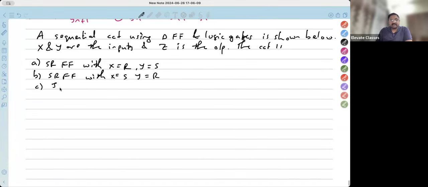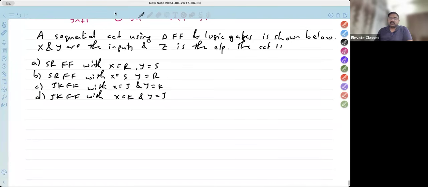Finally, does it behave like a JK flip-flop with X equal to J and Y equal to K, or a JK flip-flop where X equal to K and Y equal to J?